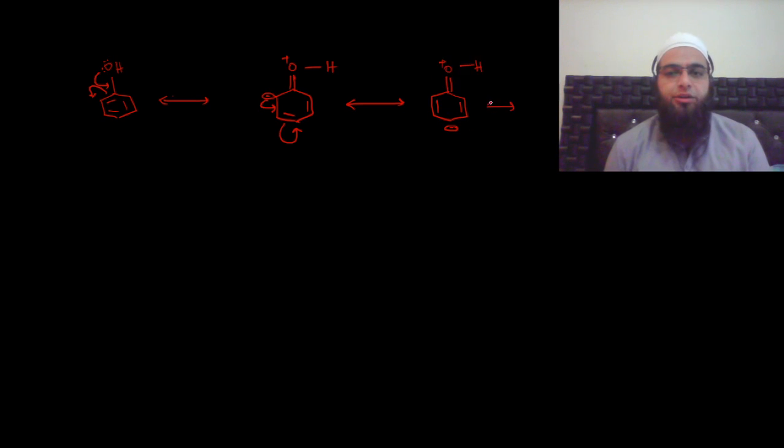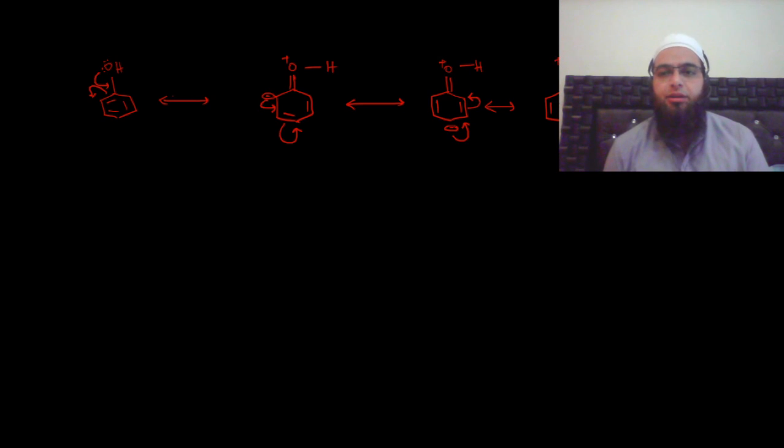So the next structure can be drawn. This pair of electrons will move towards this carbon, this pi bond will be broken, and the pair will move onto this ortho carbon. As a result, we get a resonance structure with a double bond between this and this carbon, and a negative charge on this carbon, and the rest of the molecule is the same.